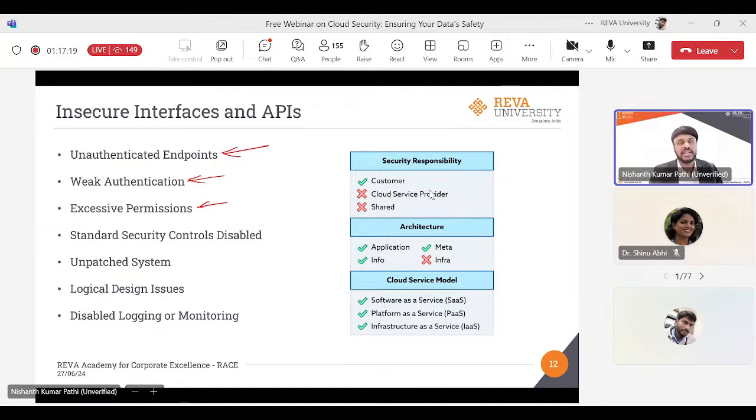That means almost every customer who could have traveled on Turkish Airlines, the data is out, because the standard controls are given by the cloud provider, but due to misconfiguration, there is a lot of chance that you will lose the data. Other issues are unpatched systems, improper logical design of APIs, or not monitoring on a continuous basis who is accessing what and analyzing it. These can be some issues where you will have challenges in protecting these APIs.